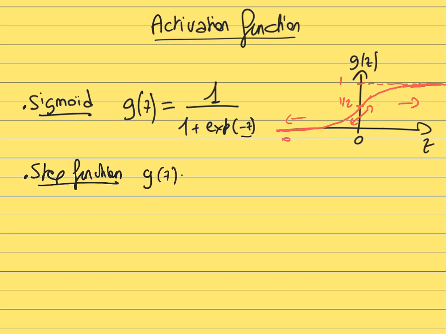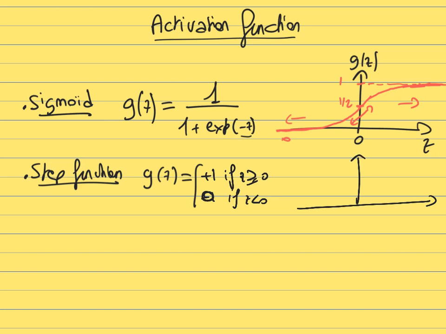In this case, the value of the activation function is going to be +1 if z is positive or equal to 0, or is going to be equal to 0 otherwise, if z is negative. If you plot it, it just looks like a Heaviside function. So if z is negative, then nothing is being transmitted, the neuron is just completely blocking the signal. The output is just going to be equal to 0.